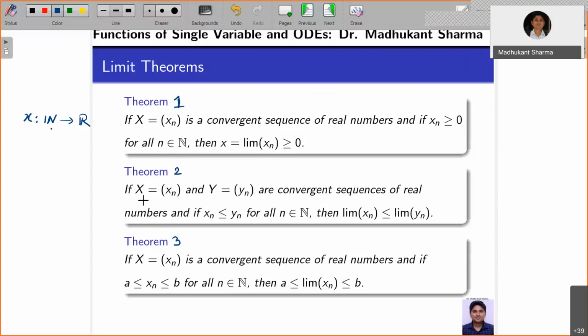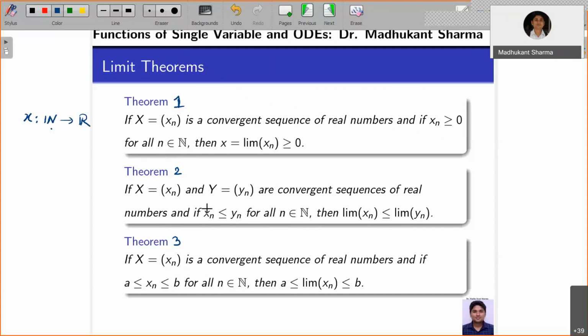What it says is: if x and y are convergent sequences, and they are such that for any nth term, xn is less than or equal to yn for all n in natural numbers, so when you take the nth term you can make a comparison between them, then their limits also follow the same rule.